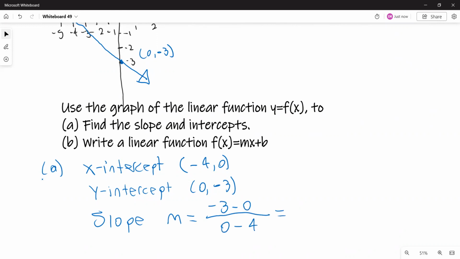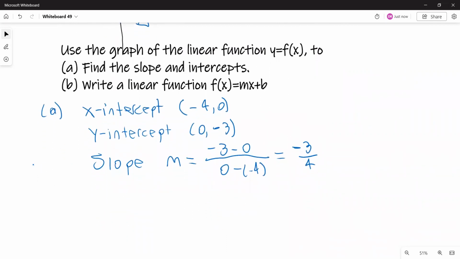So that's 0 minus -4. So that's -3 over +4.